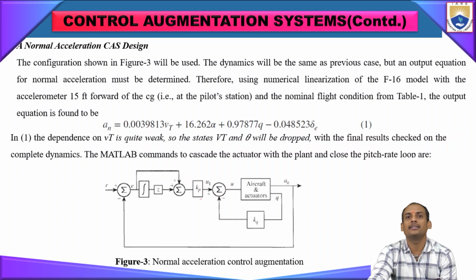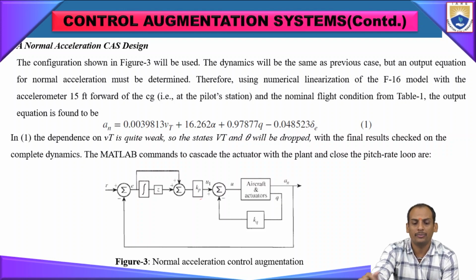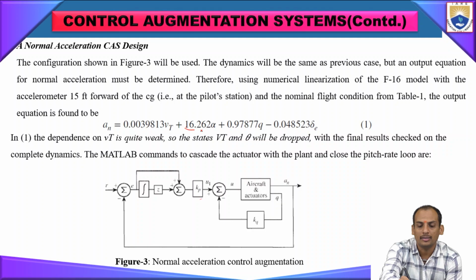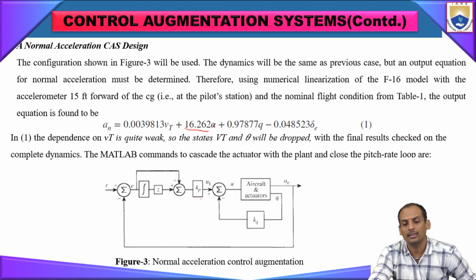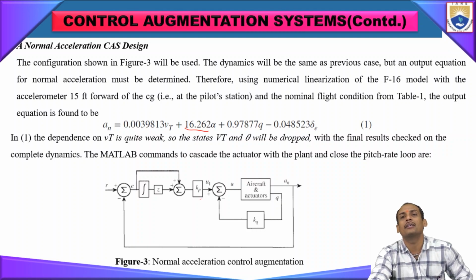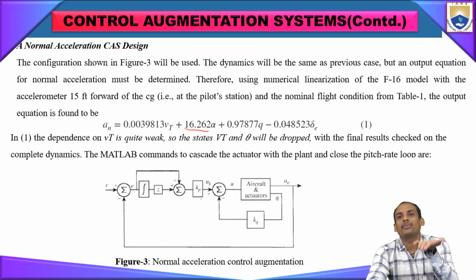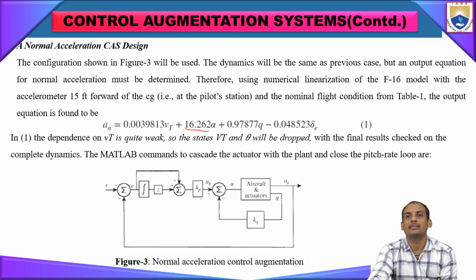So that normal acceleration will be 0.003981 VT plus 16.29 alpha, 16.26 alpha, and 0.9787 Q minus 0.048 delta E. So here the values depend upon VT, alpha, Q, and delta E.